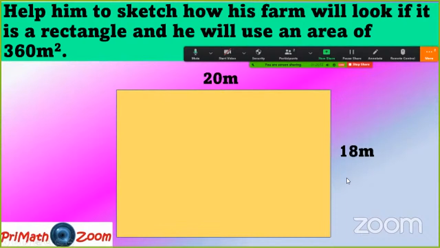But 18 meters is not very far from 20 meters, so it's just a little bit longer than this length. Think about proportion when you're working with yours. If you make this 20 meters, ensure that the 18 meters is not the same as 20 meters, and it's not longer either, nor is it very much shorter. It should be close to the length of the 20 meters.